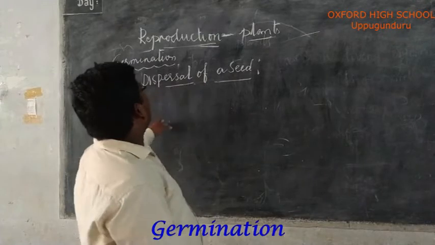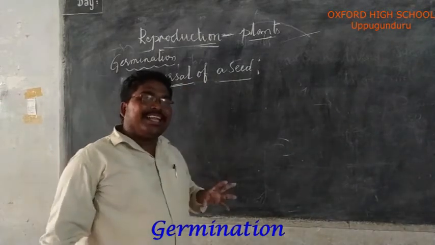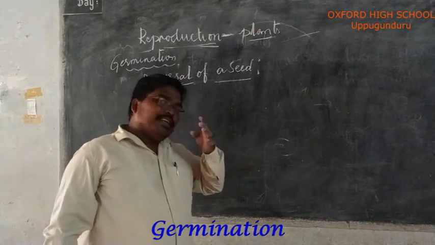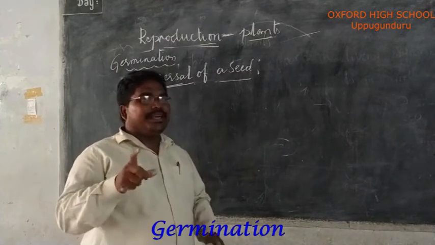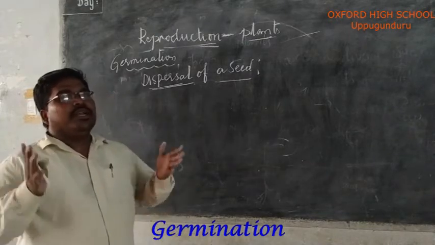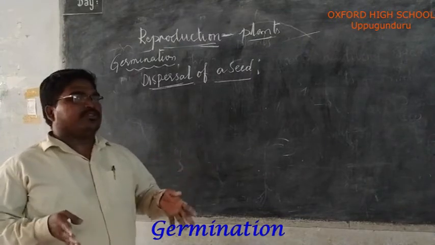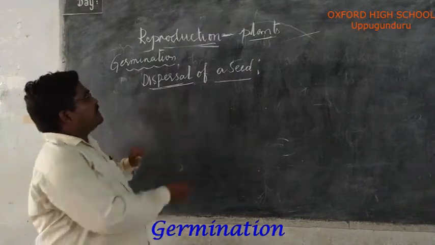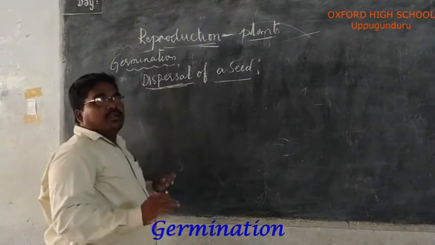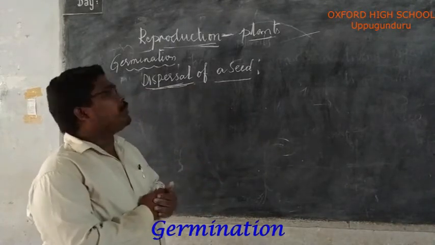What is the meaning of disperse? In schools also we hear after the assembly, dispersal. We hear that: school disperse. School disperse means all the students go into their respective classrooms. Like this, disperse. Here dispersal means the scattering of seeds away from the parent plant.